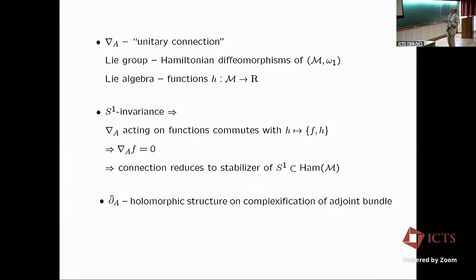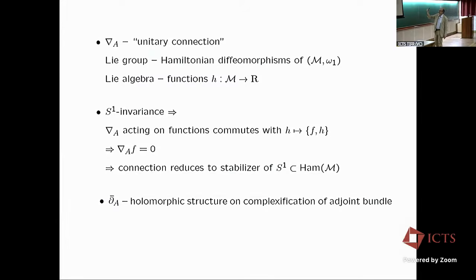So the Lie group, if you like, the Lie group of the compact group are the Hamiltonian diffeomorphisms of M with respect to the complex structure, the symplectic structure omega 1. And its Lie algebra, well, actually, we're taking the Lie algebra to be functions. So it's really the central extension of the Hamiltonian diffeomorphisms.